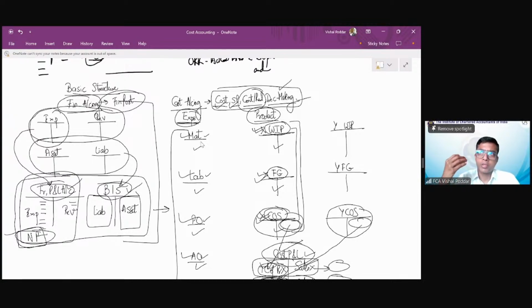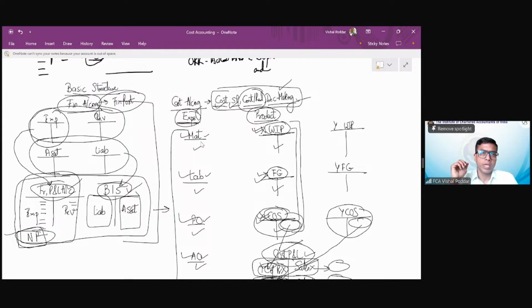One, either because they require cost accounting for effective running of their business, or two, because the Companies Act has made cost accounting and cost audit compulsory for a certain set of companies. So majorly today, all major business houses are doing cost accounting, either because it is compulsory, or even if it is not compulsory, it is very useful for the running of their business.